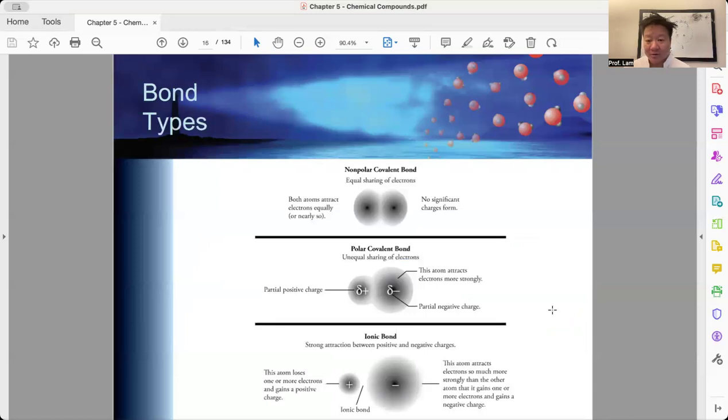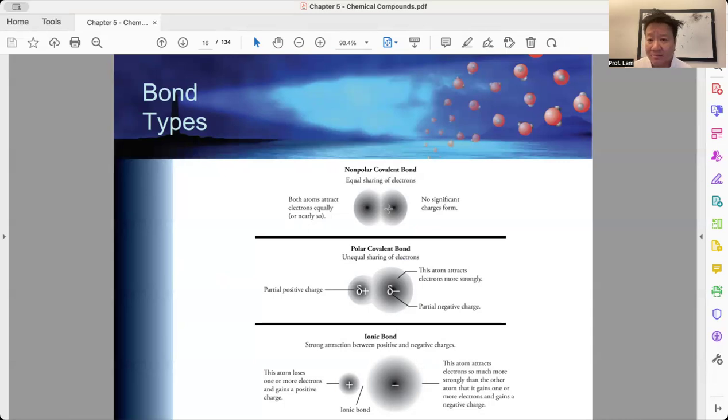Okay, so in summary, right, when you guys think of bonding now, you should think of it as a spectrum. And here is the spectrum, right? We start at one end where we have completely equal sharing. And this is where we say nonpolar covalent bond. And this happens when you have 2 atoms being identical, like in H2 or O2, right?